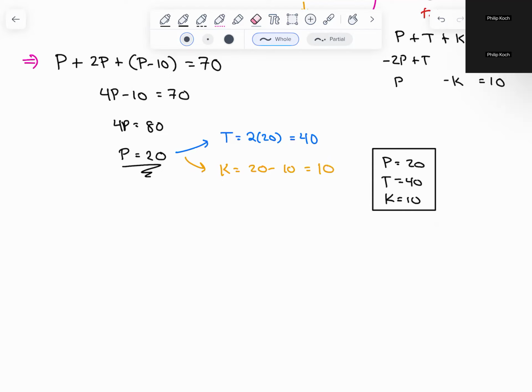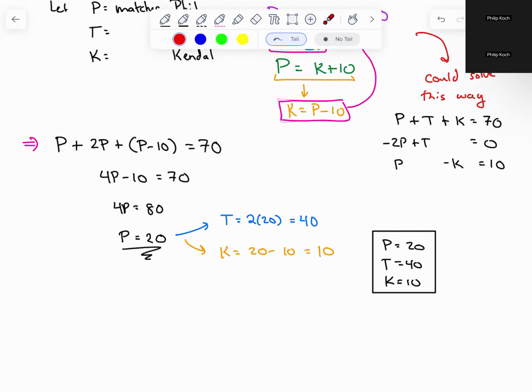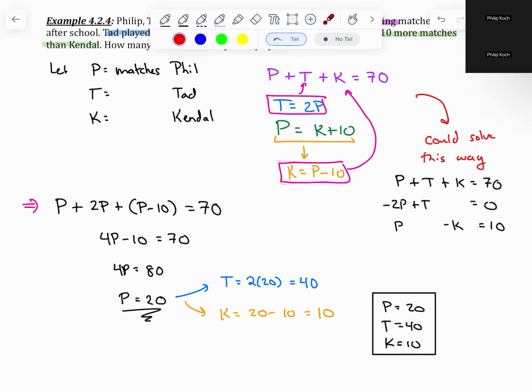I think turn that 10 to negative, in the orange, in the red. No, sorry, not the red, the yellow. You rewrote it as K equals. So I subtracted 10 from both sides to get K by itself, and then I just rewrote it with K on the left-hand side. Solve this the same way we've been solving other problems, right? Exactly right. This is me being clever, realizing that I can write all of the variables in terms of P, but that is not something that I would expect.